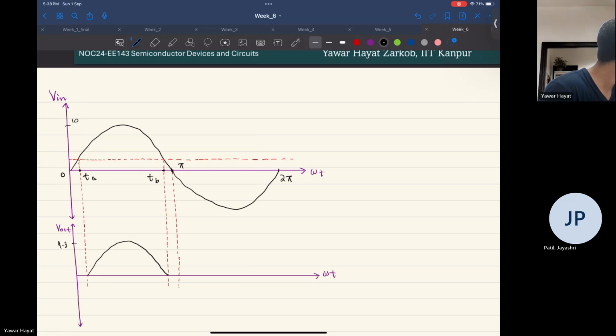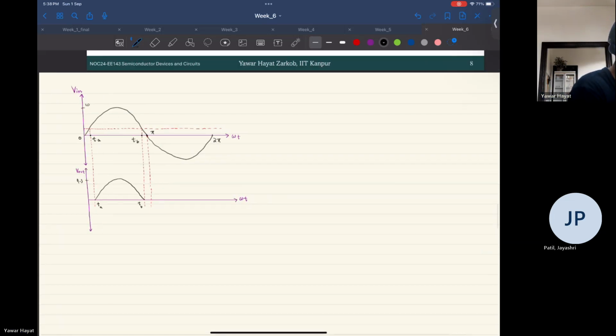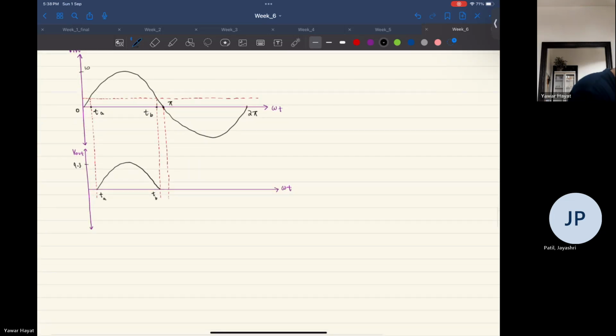So what is TA? TA is equal to sine inverse of 0.7 by 10.